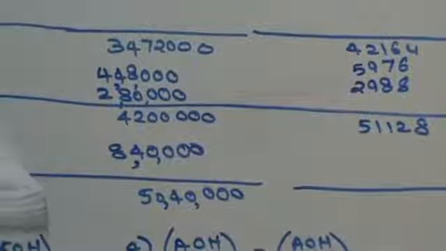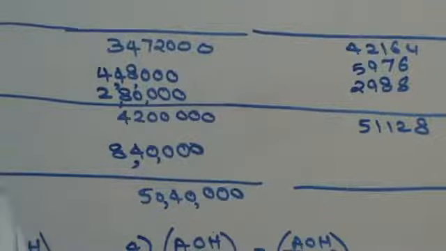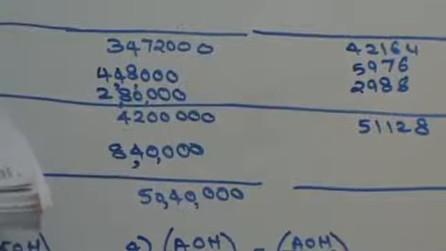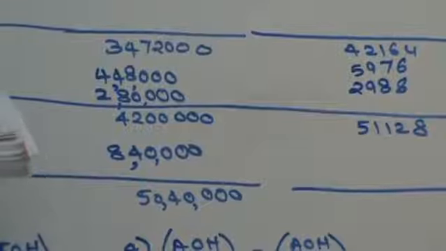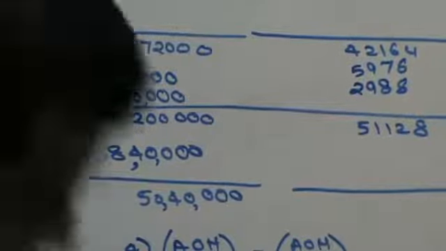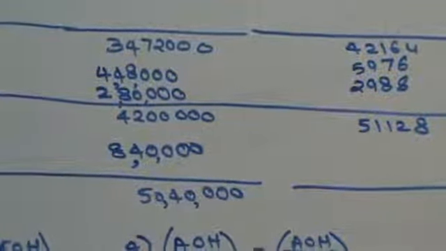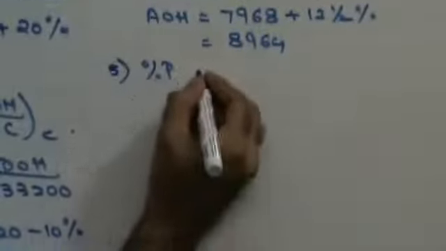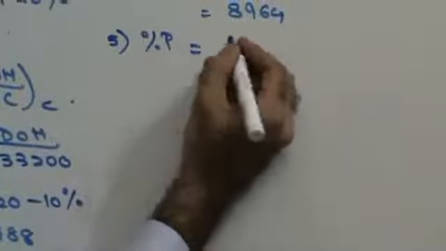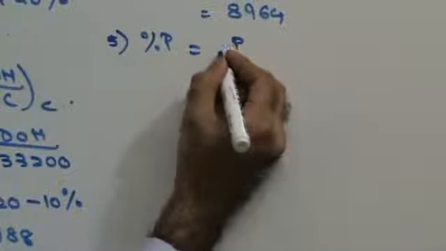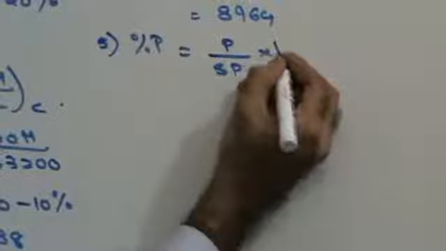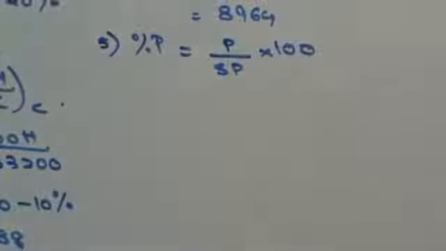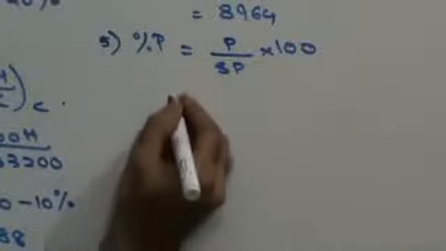Now let's see the sales. Now they are saying that at what price should the product be sold so as to earn the same profit on selling price as in the previous year. Let's first find out the profit percentage of previous year. How do I find out profit percentage of previous year? Profit percentage is profit upon selling price into 100, right?